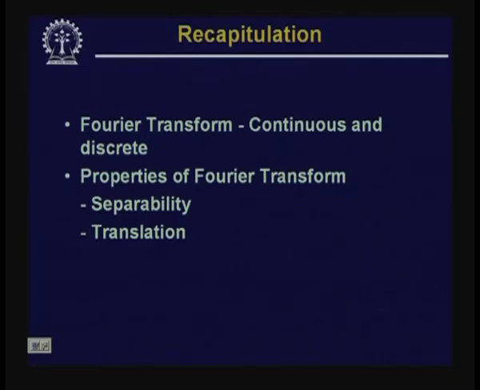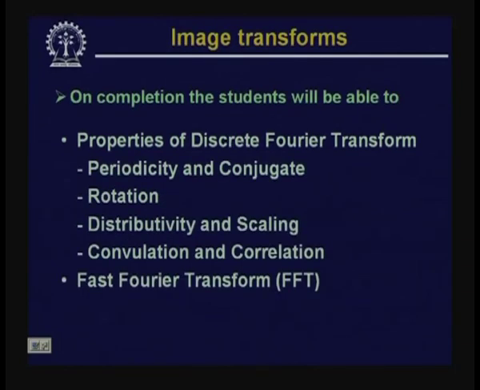Today, we will continue our lecture on the Fourier transformation, and we will see the other properties of the Fourier transformation. We will also talk about how to implement the Fourier transformation in a faster way, that is, the fast Fourier transformation algorithm. In today's lecture, we will see the properties of the discrete Fourier transformation, specifically the periodicity and conjugate property.